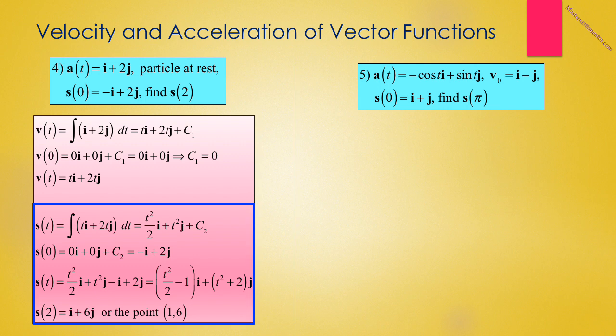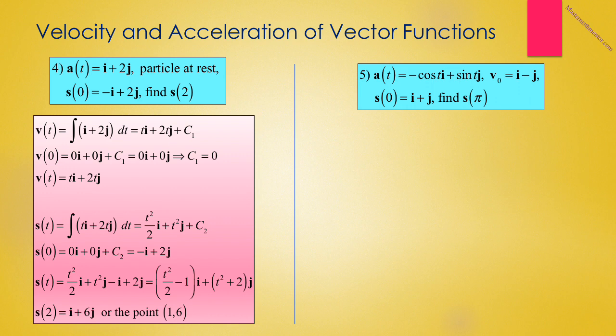So therefore, s(t) is equal to t squared over 2 i + t squared j minus i + 2j, and that is equal to (t squared over 2 minus 1)i + (t squared + 2)j. So now plugging in 2, we get i + 6j, or the point (1, 6).